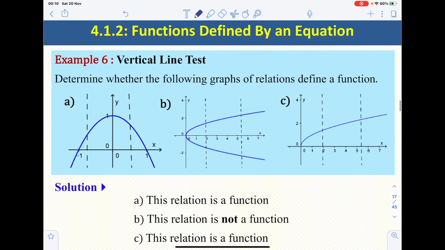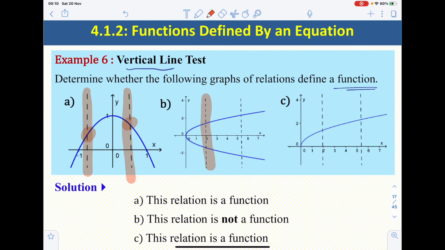Okay, so here we have to use the vertical line to figure out whether the graph is representing a function or not. For the first one, when we draw the vertical line, we can see that it intersects the graph in exactly one point, so this is a function.